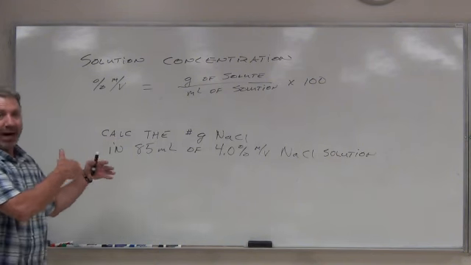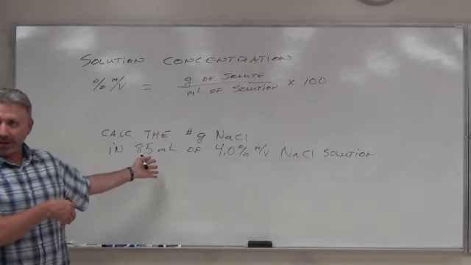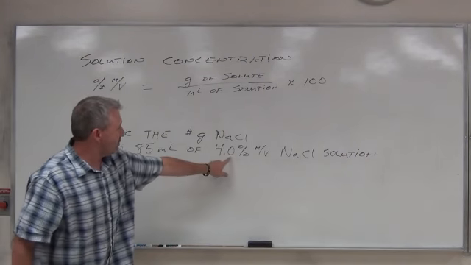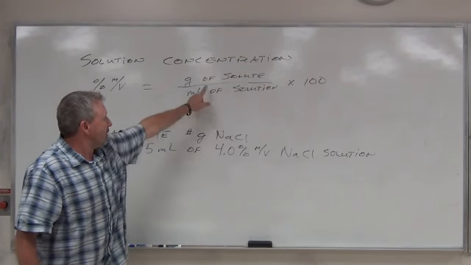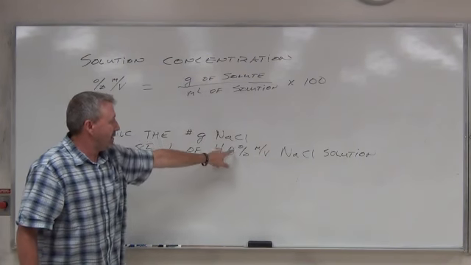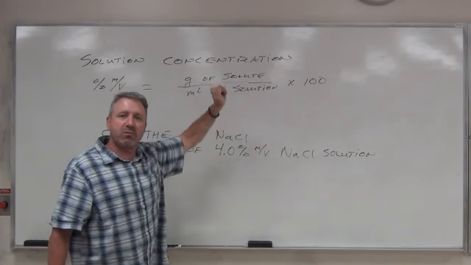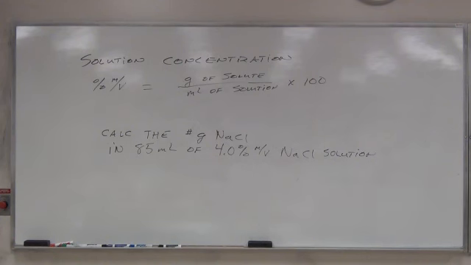This is probably how you're going to see it in physio or one of the other biology classes. The first thing we need to do is address this 4%. How are we going to make this 4% a fraction? What's the easiest way to say 4%? 4 over 100.